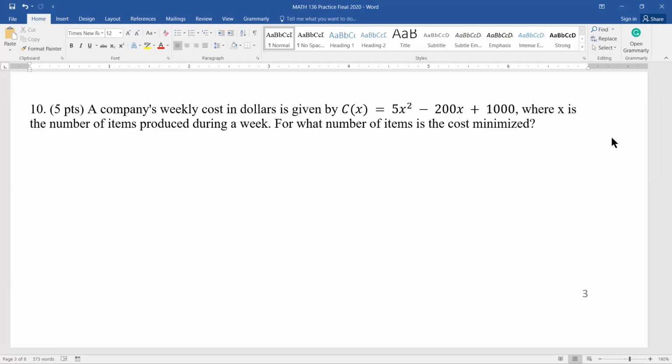And again, in this case, a is the number in front of the quadratic term, so 5. And then I'm just going to simplify this. So 200 divided by 2 times 5, well, 2 times 5 is 10. 200 divided by 10 would tell us that 20 items. So whenever I make 20 items, my cost would be the lowest.